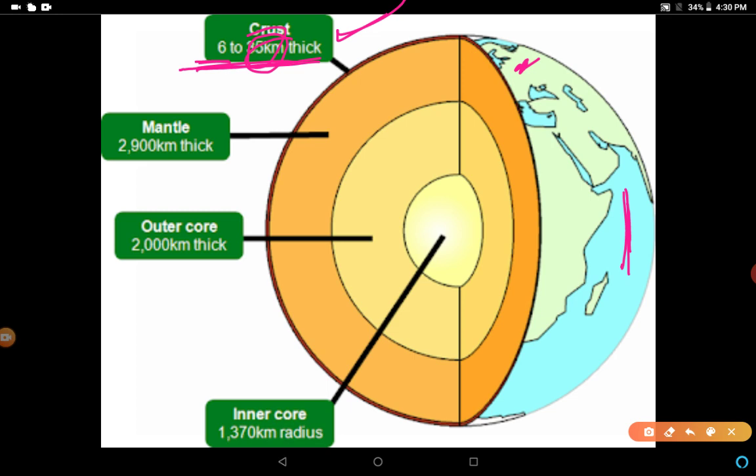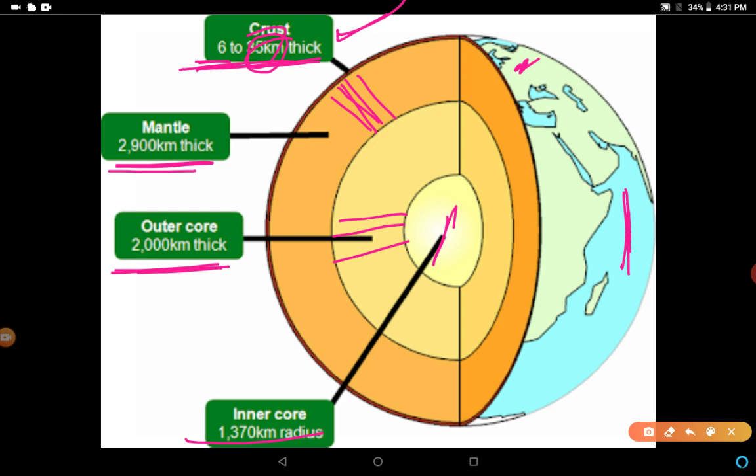After that, the mantle: 2900 kilometers thickness is there. And then the outer core, 2000 kilometers radius or thickness is there. And the inner core, its radius is 1370 kilometers, right?